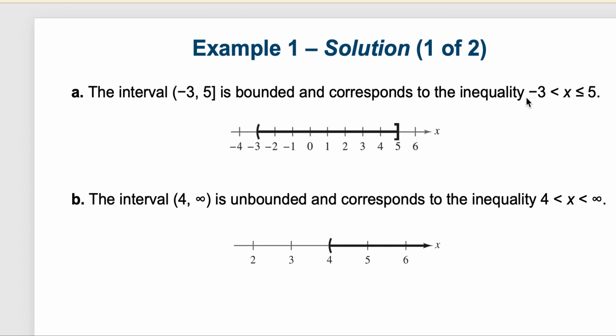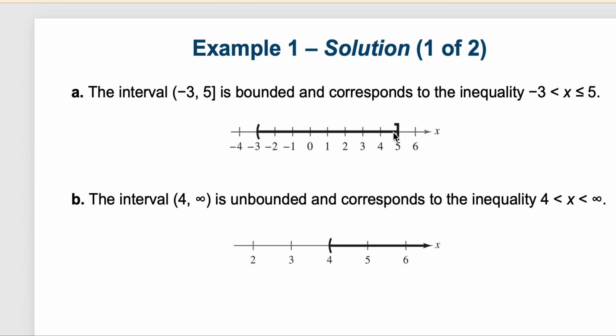A parenthesis results in a less than sign, and a square bracket results in a less than or equal to sign. This is something you have to pay attention to. The second example is the interval 4 to positive infinity. I forgot to mention something about bounded and unbounded. We say an interval is bounded if it has a lower bound and an upper bound.